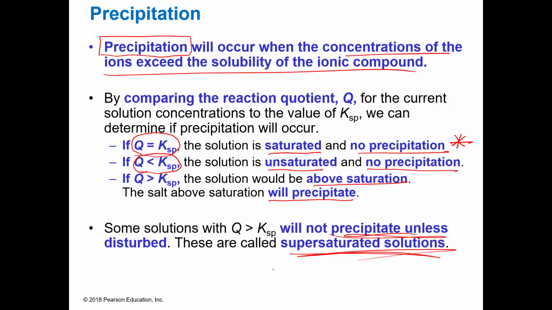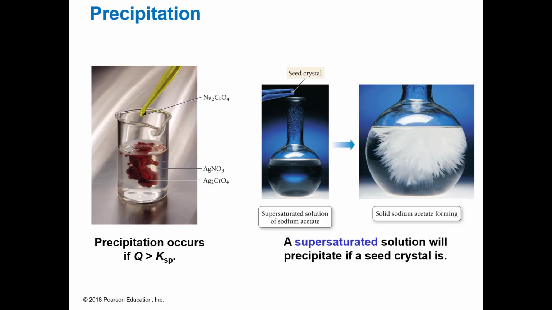And then if you slowly let it cool off, that stays in solution. And then if you touch it, it will all of a sudden show all of those solids in there.